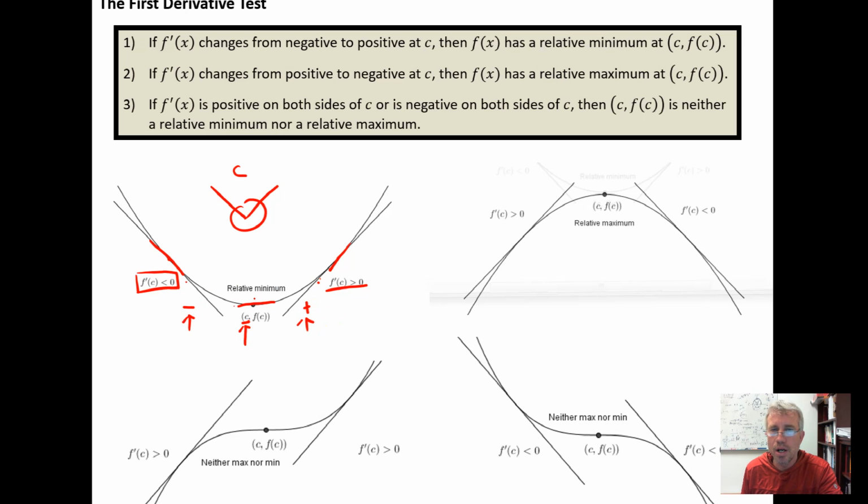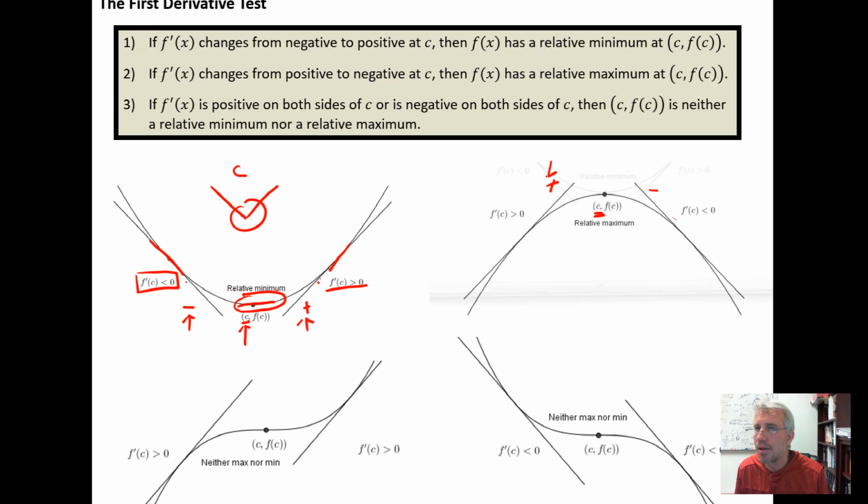If they do, I know that at my critical number I have a minimum, or a local or relative minimum. However, if I'm at a maximum, if I calculate the critical number c, and then I look at the slope of the tangent lines, I see that the tangent line slope will change from positive to negative slope as I step over the critical number.